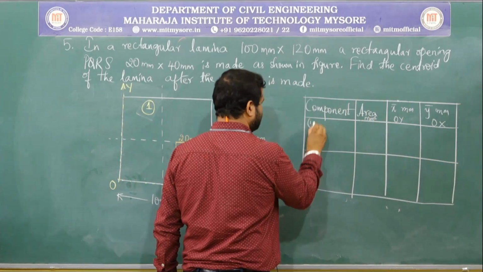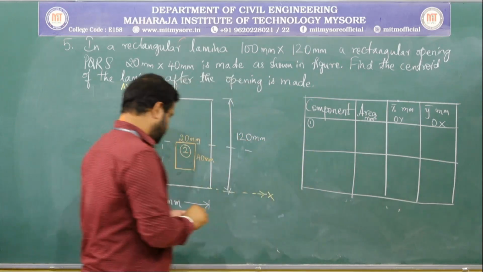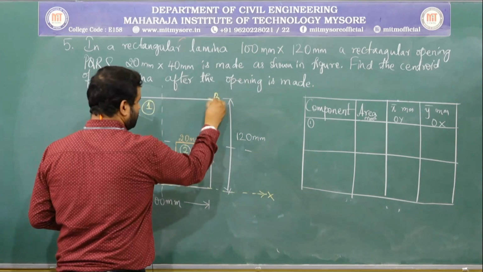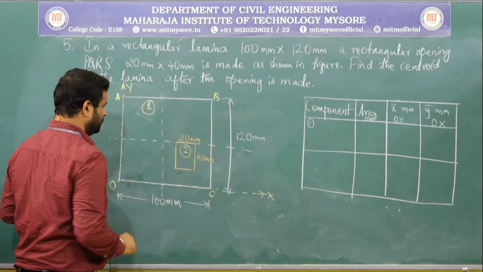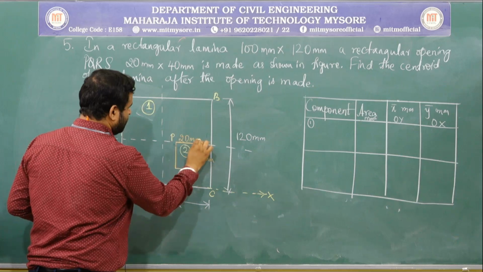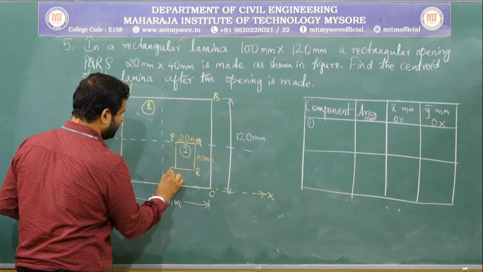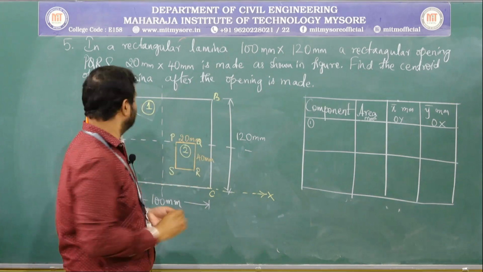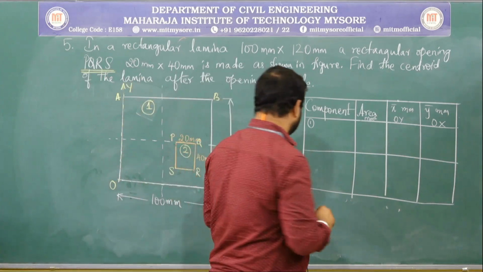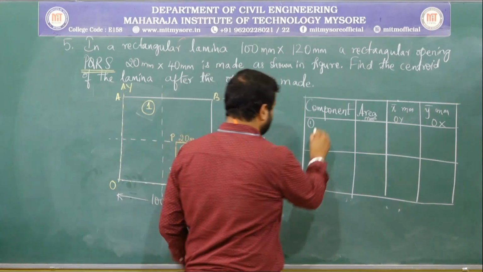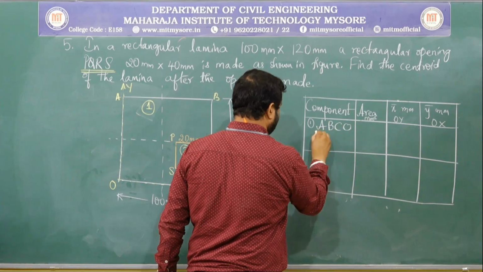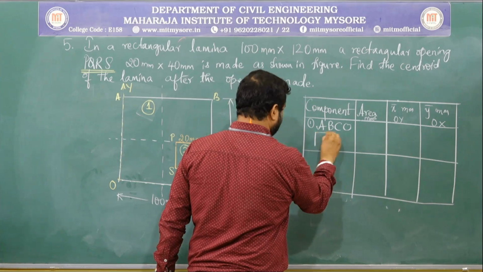Component 1 is the rectangle; let me name the corners as A, B, C, O, and let me name this as P, Q, R, S, because this P, Q, R, S is given already. So, component 1 will be A, B, C, O, and this is the orientation.